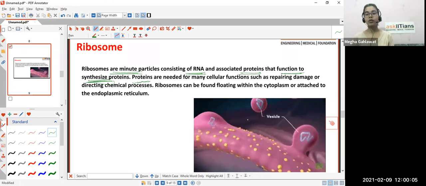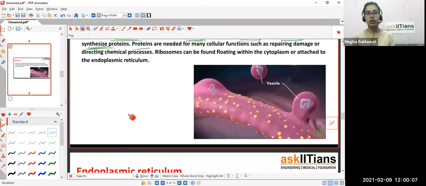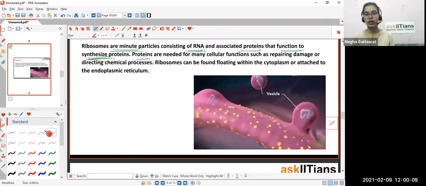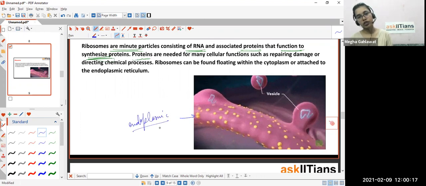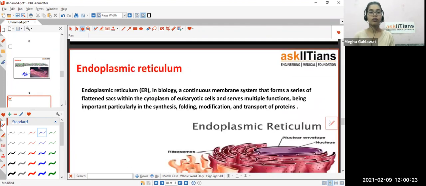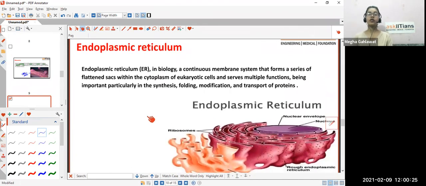Now, moving forward from the ribosomes, this is the endoplasmic reticulum. The endoplasmic reticulum is an organelle which is present in continuation with the nucleus.